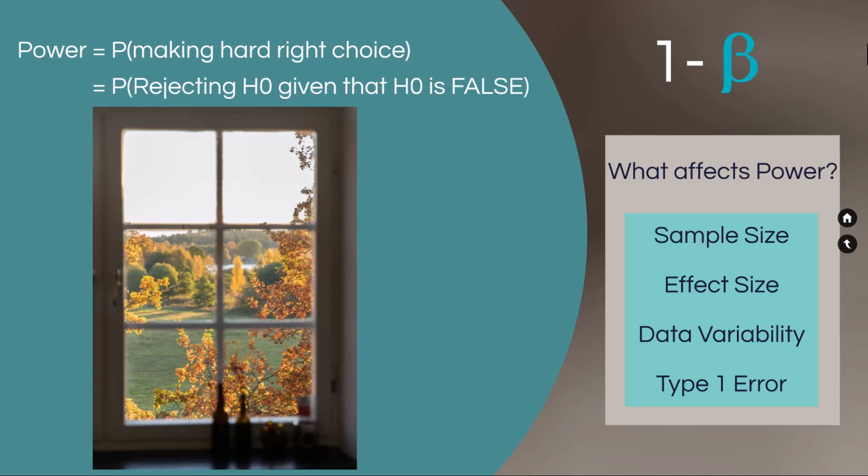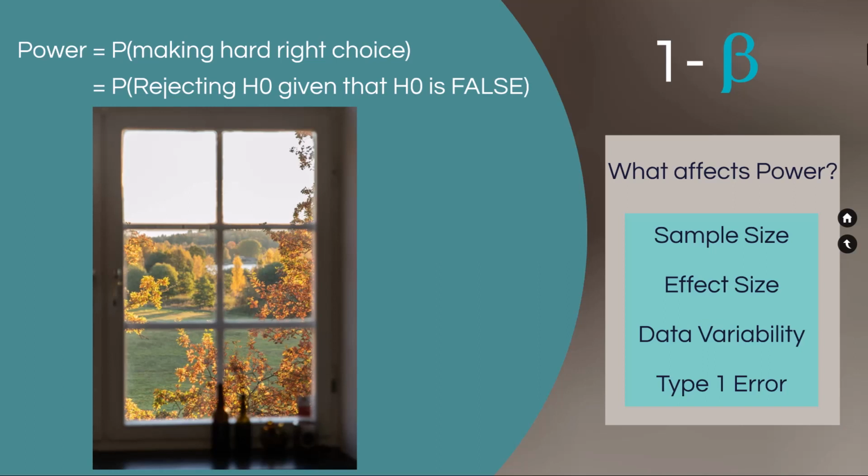So if I force my type 1 error very, very low, I'm basically saying you don't get to reject very often. And you only get to reject when the evidence is overwhelmingly strong. So in the idea of the window, the type 1 error tells you somewhat how long you get to look through the window. Do I get to sit there for an hour and really pick apart what I see?